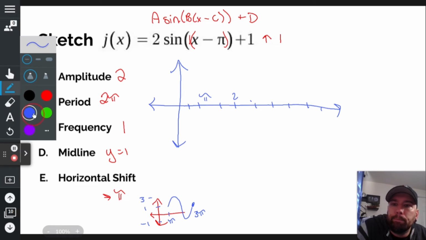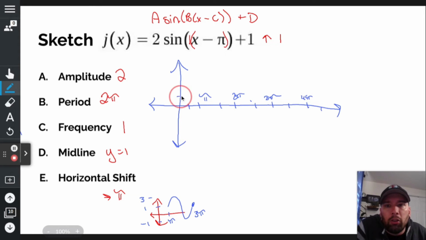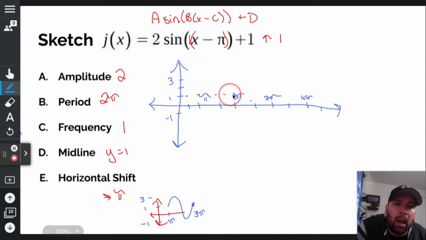All right. So you were regular pi, you're going to be 2 pi, you're going to be 3 pi, you're going to be 4 pi. I peak out at 3, so 1, 2, 3. I bottom out at -1. I midline at 1, and I shift right pi. So I am going to draw my midline as a horizontal line going through 1.